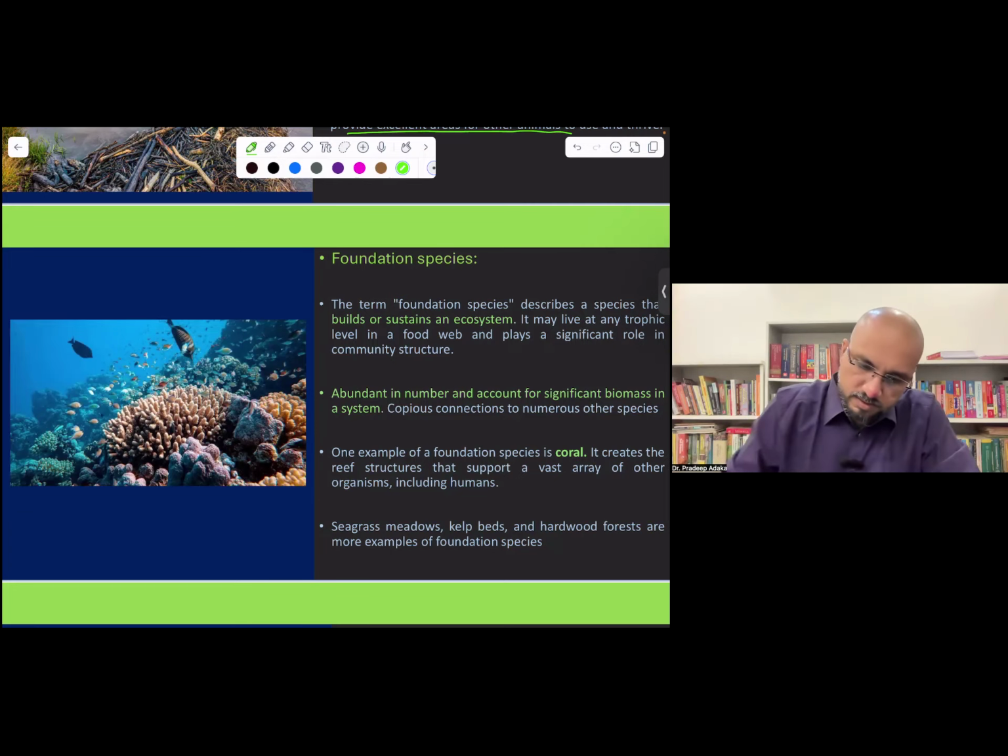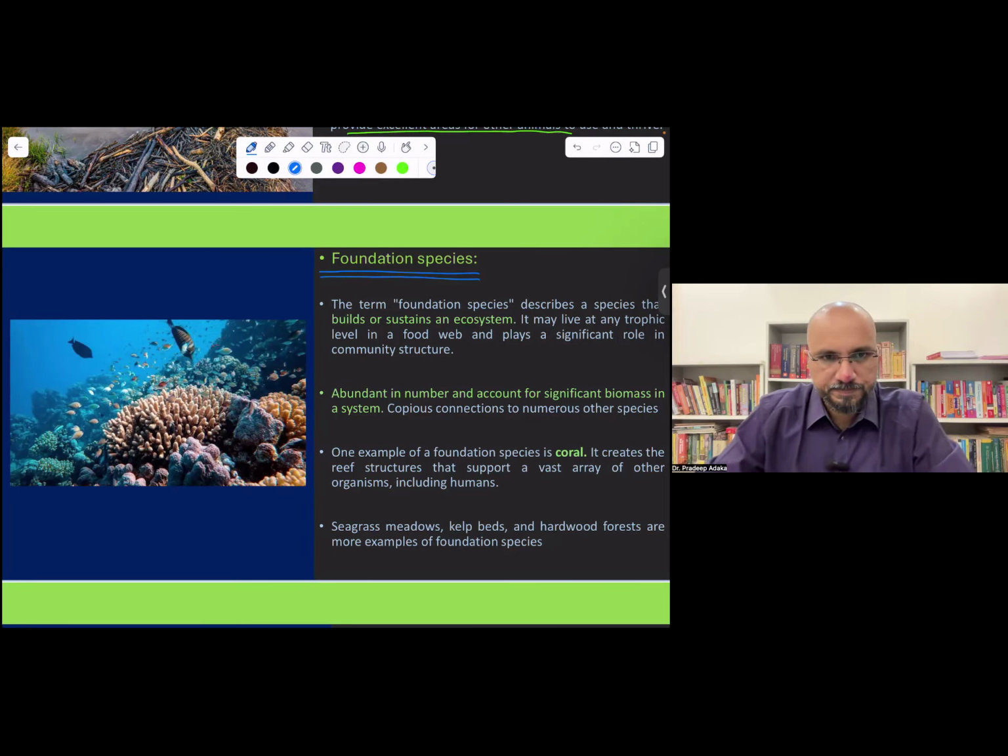Foundation species are very important in an ecosystem. The entire ecosystem depends on them. They are very important to maintain the energy flow within the ecosystem.